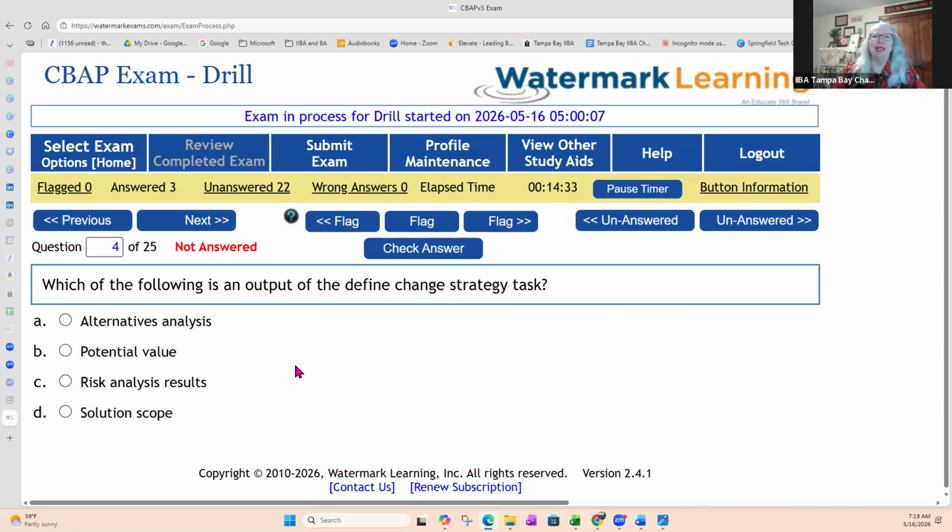Which of the following is an output of the define change strategy task? So we know which task it is. There's a finite number of outputs. So for define change strategy, is it alternatives analysis, potential value, risk analysis results, or solution scope? So is it alternatives analysis?